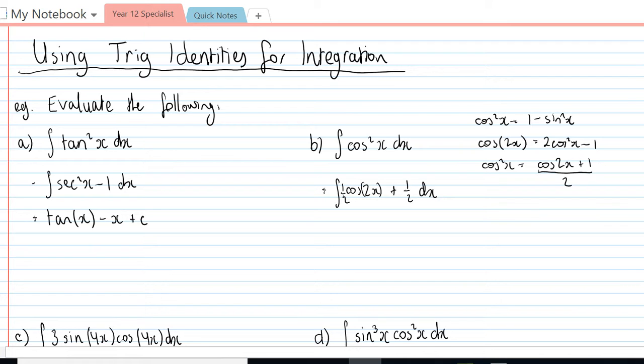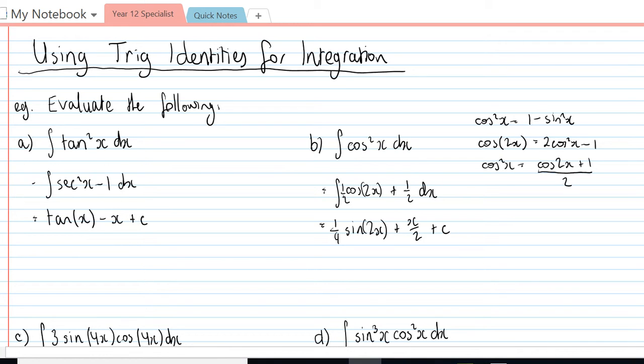And so then I can just work my way through this. So anti-differentiating half of cos 2x. When we anti-differentiate cos, it becomes sine. So that's going to be a quarter of sine 2x. And then plus x on 2. And always remember the plus c.